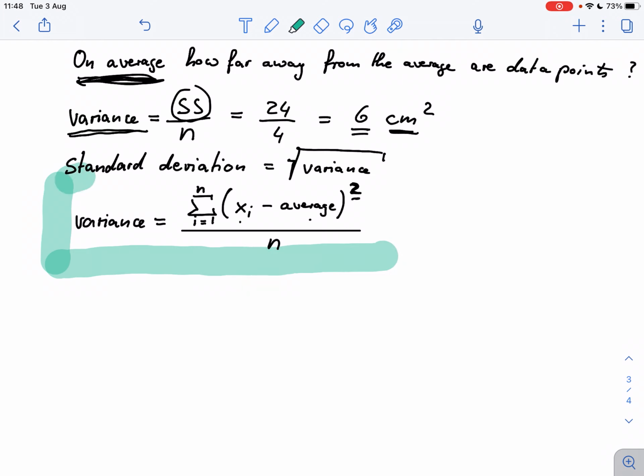This is a very important equation that we use for the variance. And again, we can also write this as the sum of the squares of the difference between the data point and the average divided by the number of observations, and that is also a very common way of writing the variance.